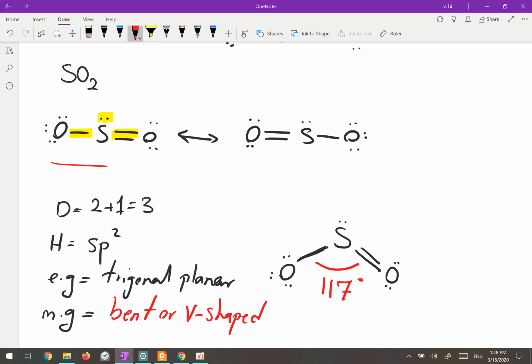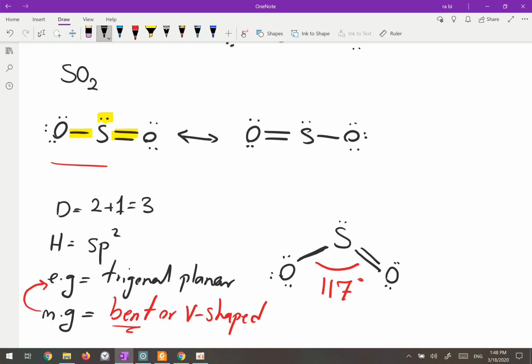If you have a bent molecule, the angle depends on the electronic geometry. If the electronic geometry is trigonal planar, the angle is around 117 degrees. In the previous example, you had a bent molecule, but the electronic geometry was tetrahedral. In that case, the angle is 105.